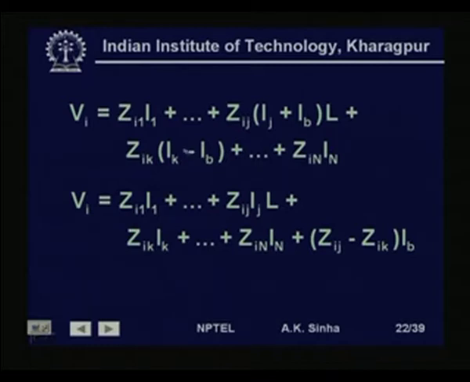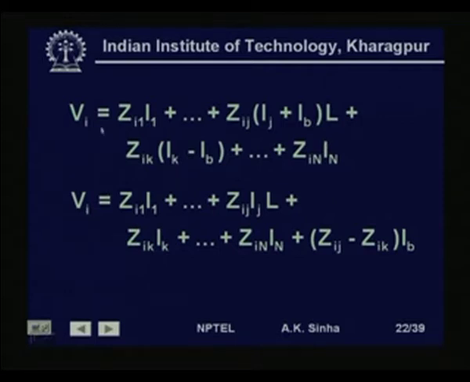Ik minus Ib. So Zik into Ik minus Ib plus dot dot dot Zin into In. So this is the voltage that we will get. This L in here is not actually L, it should indicate dot dot dot. Okay.